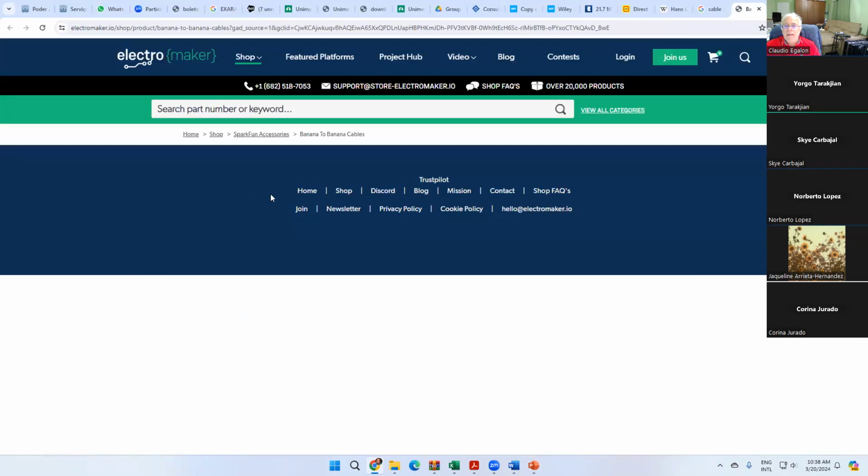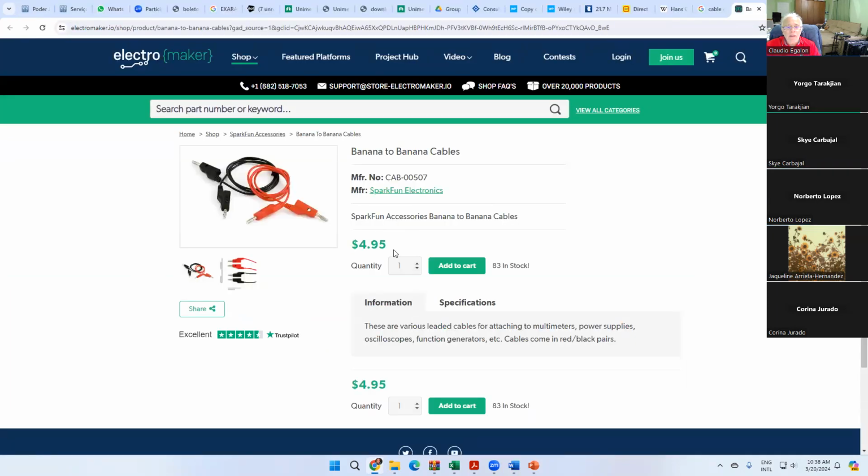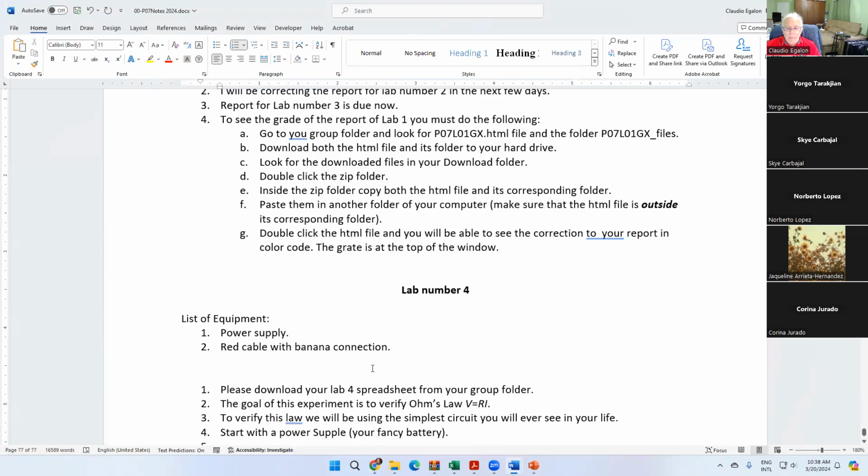That's how those cables look like. I believe I showed that to you before, right? That this connector here is called a banana. So red cable is banana termination.